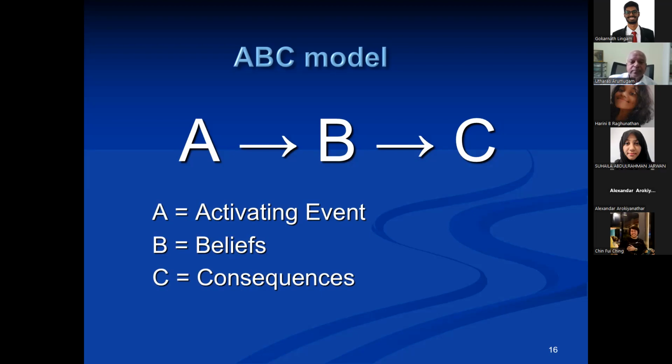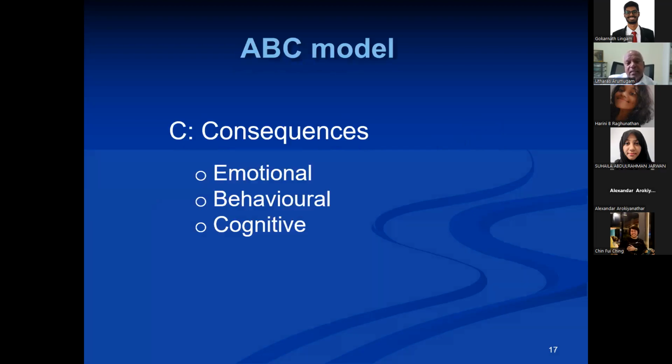Now, like I said, the C can be emotional, behavioral, or cognitive, because the belief you hold about a certain event has consequences. That consequence can be emotional, like becoming angry, anxious, depressed, or happy. Or it can be behavioral.